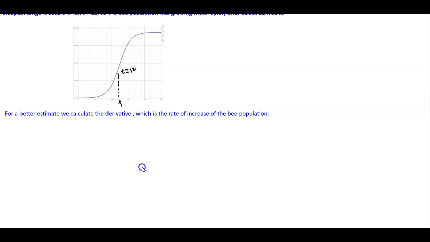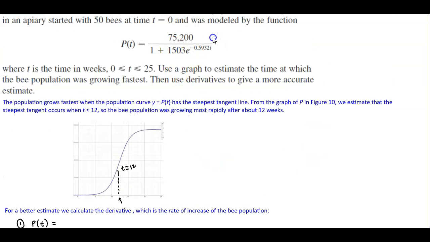So let's go ahead and write this function out. So we have p of t. We want to write the denominator in the numerator by making the exponent negative 1 power.